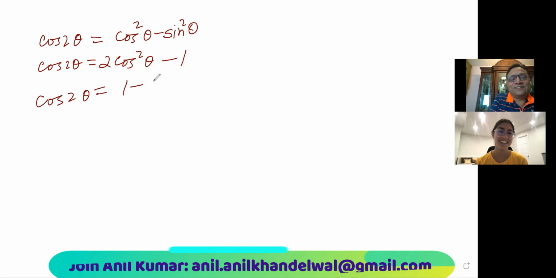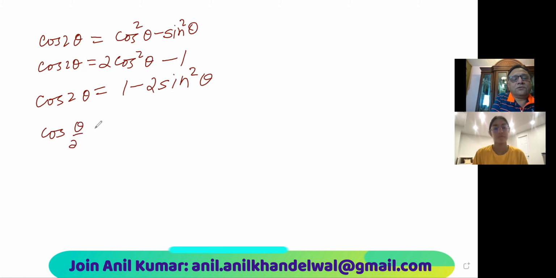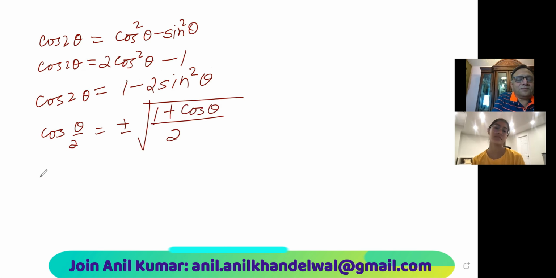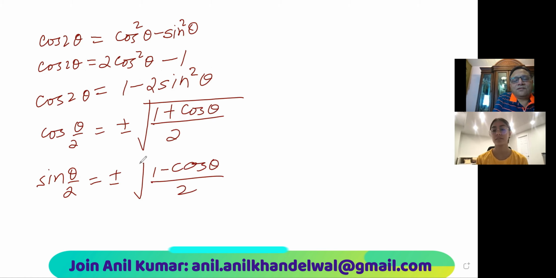Cos theta equals 1 minus 2 sine squared theta, it's just a pattern. Do you see that square pattern? So we got cos theta by 2 equals plus or minus square root of 1 plus cos theta over 2. And then sine theta over 2 equals plus or minus square root of 1 minus cos theta over 2.